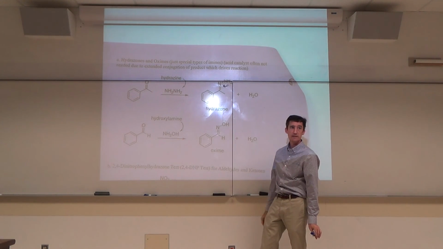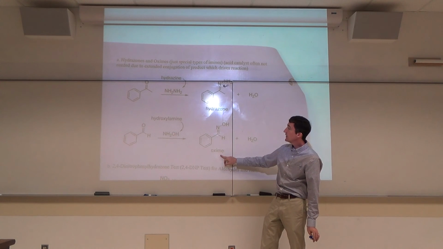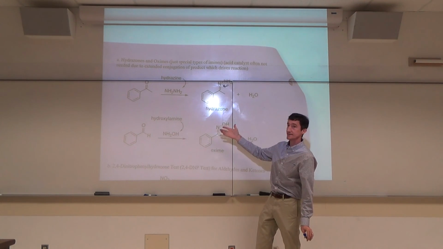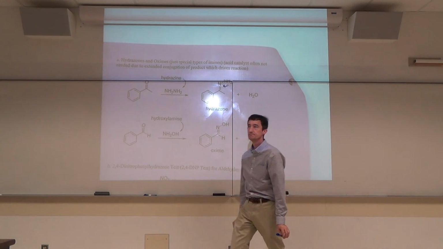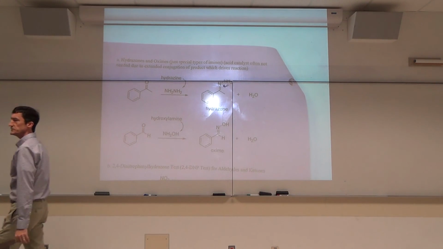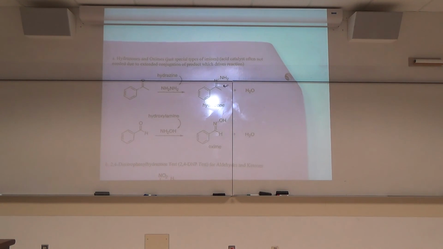This type of imine is called an oxime. You may think it would be like a hydroxime or something. It's just known as an oxime. It's actually just a special type of imine. Mechanism is the same as before. But your hydrazones and your oximes are very common.